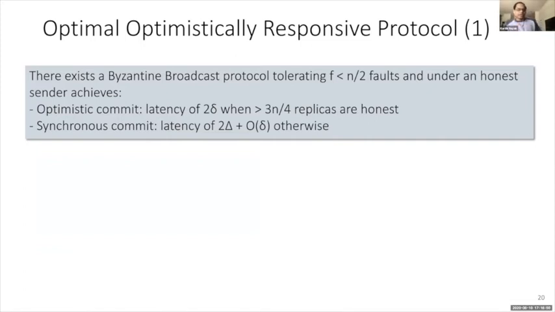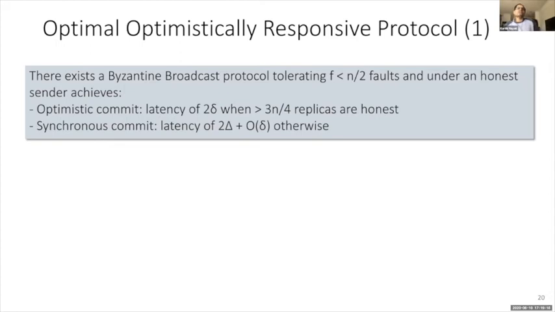So you can tolerate up to 24% corruption. Otherwise, in the synchronous case, we commit with a latency of 2 capital delta plus some dependency on small deltas, the actual network delay.